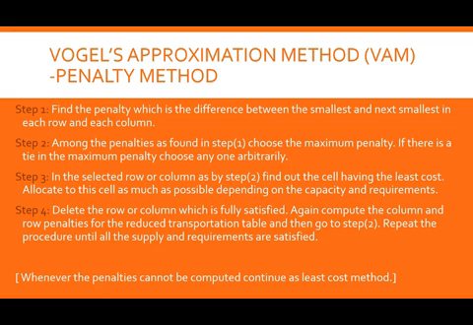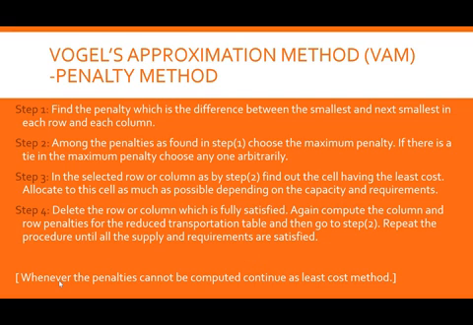So for that reduced cost matrix, we are supposed to compute the row penalties and column penalties again. And then go to step 2. Repeat the procedure until all the supply and demand requirements are satisfied. Okay.